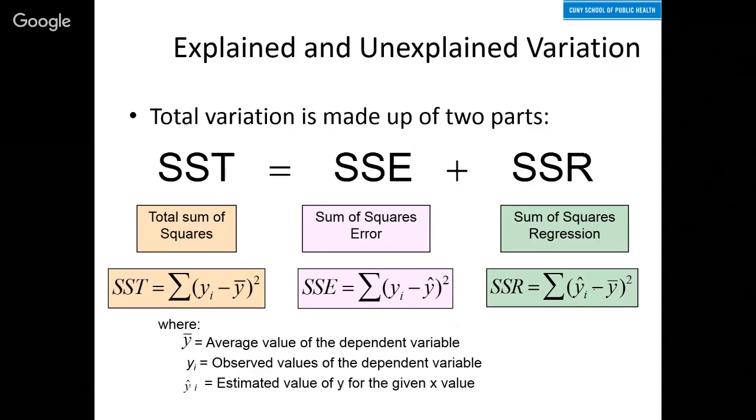This calculation would be, for every student, what you predicted the test score to be minus the overall mean test score. So this is predictions of the model minus the overall mean. So this is entirely the predicted component of the variation. And the SSE is the unpredicted component.